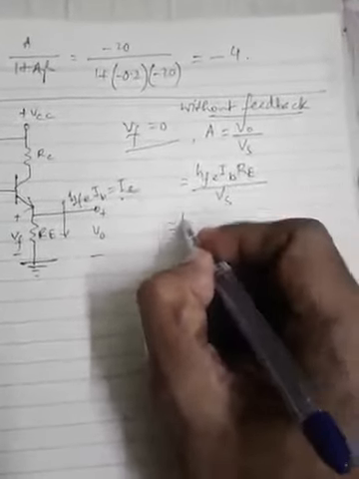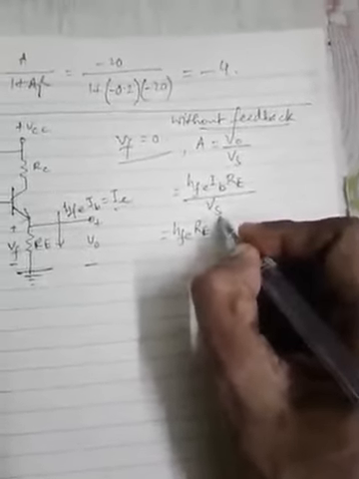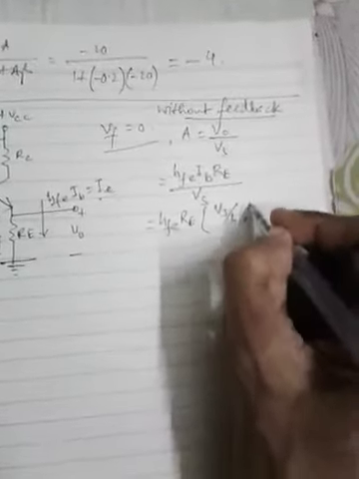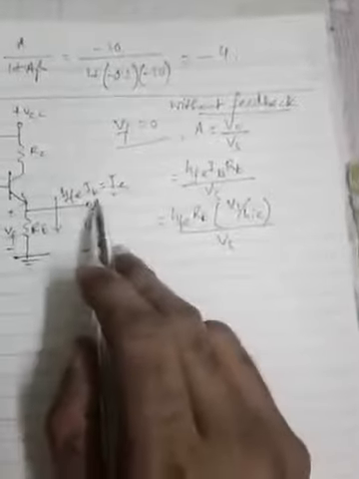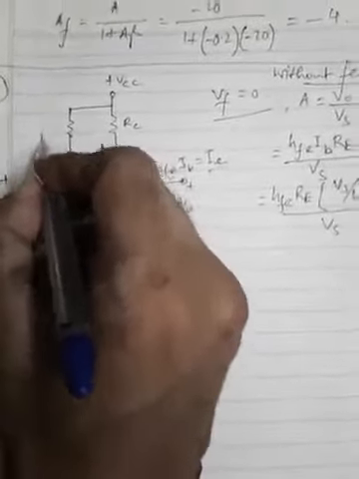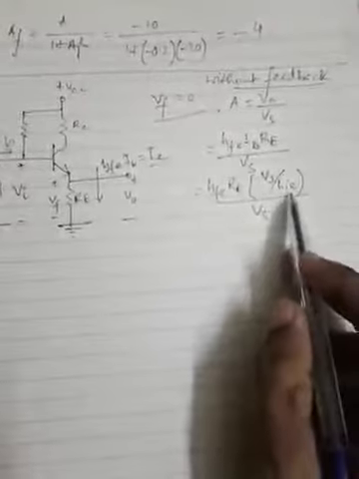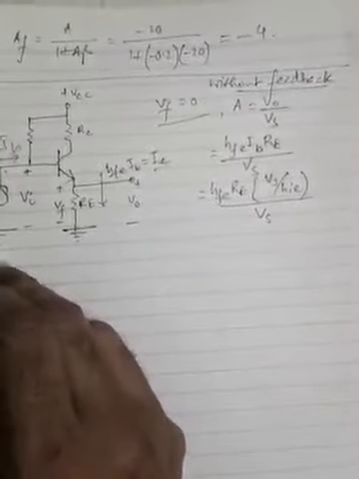Now this can be written as HFE RE taken outside, Vs by HIE divided by Vs, because now go to the input side, IB is flowing here, and what is IB? IB is nothing but the input impedance, which is the H parameter circuit HIE, which is the input impedance, you know, and Vs is the input voltage.